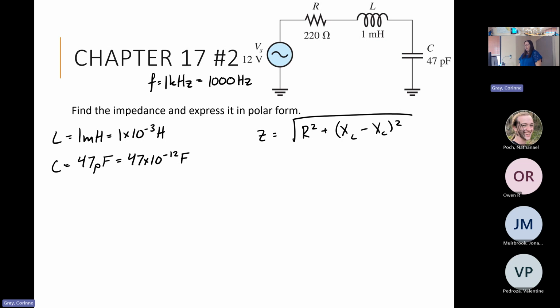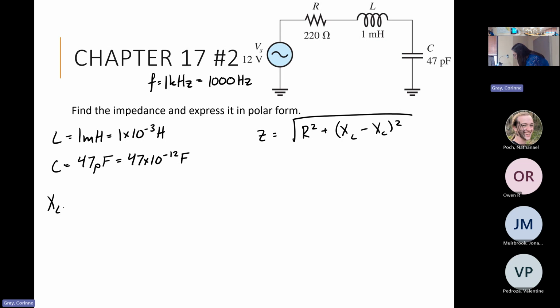So what do we do now? Okay. So we gotta do our reactances.